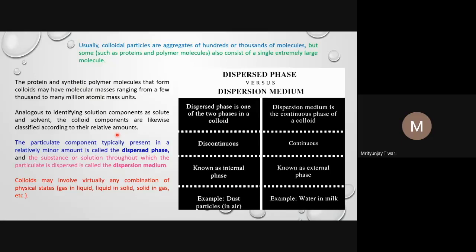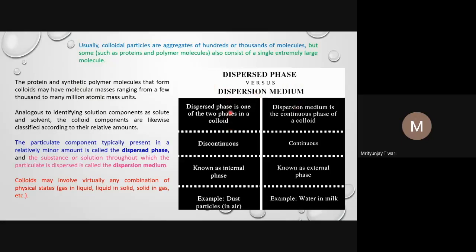A colloid may involve virtually any combination of physical states: gas, liquid, or solid. With any combination, it forms colloidal particles. We will see examples in more detail, and what this sentence means, later on. Let us now see the differences between dispersed phase and dispersion medium.